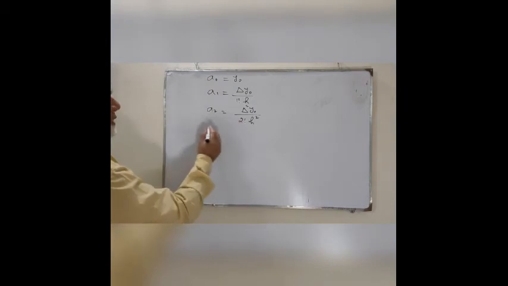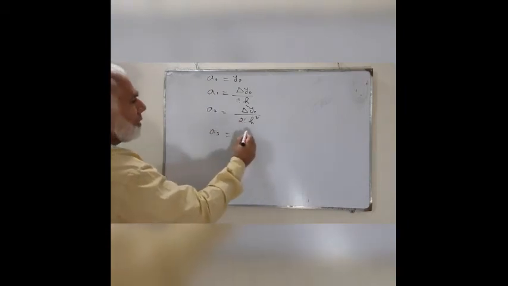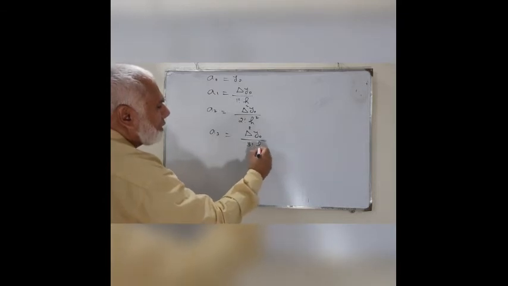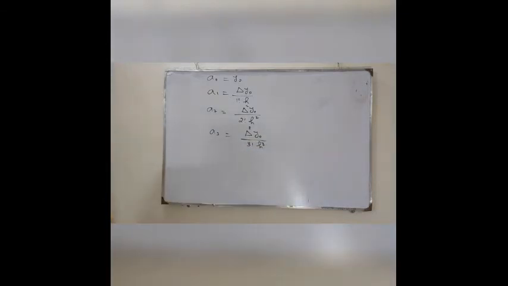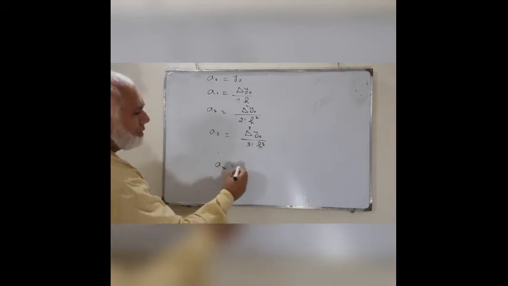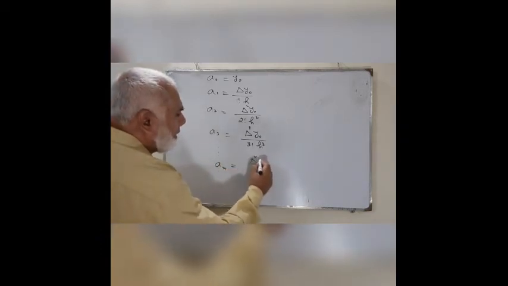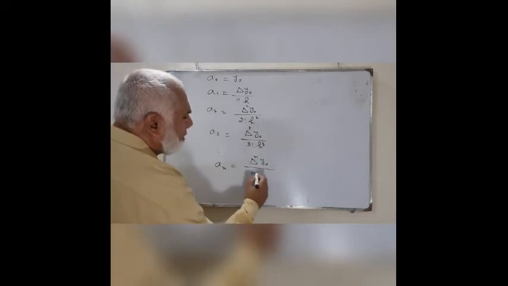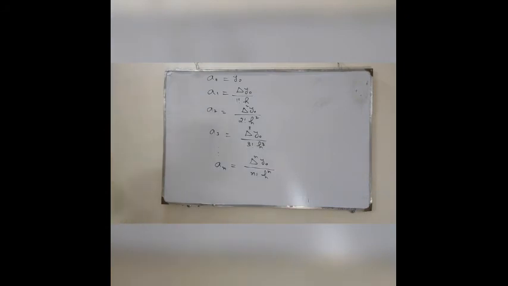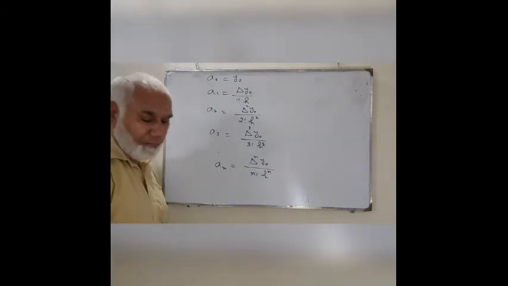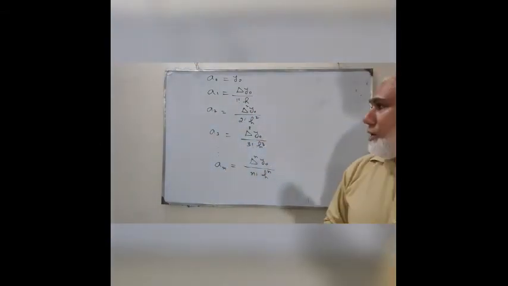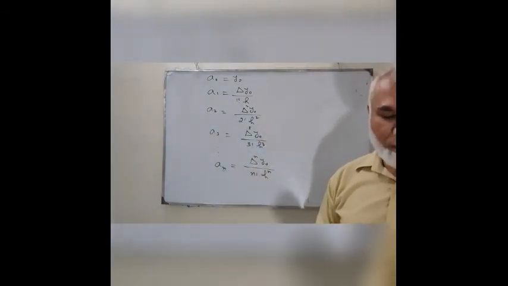So the result for A3 will be equal to del 3 times Y0 over 3 factorial times H cube. And we can proceed on the same lines, and the result for the nth term can be written as del nY0 over n factorial times H raised to n. So here you can see we succeeded in finding all the unknowns involved in the polynomial.